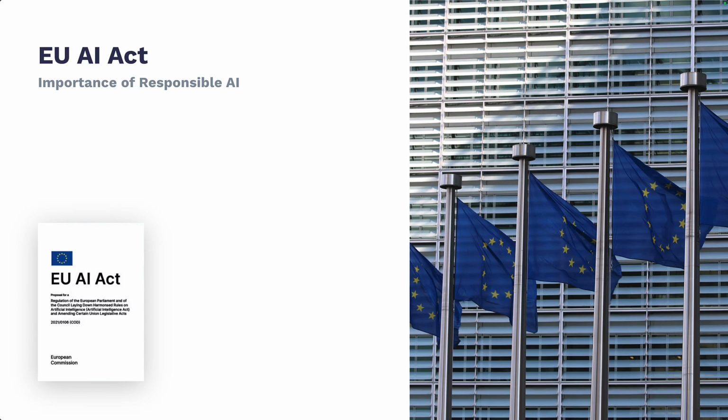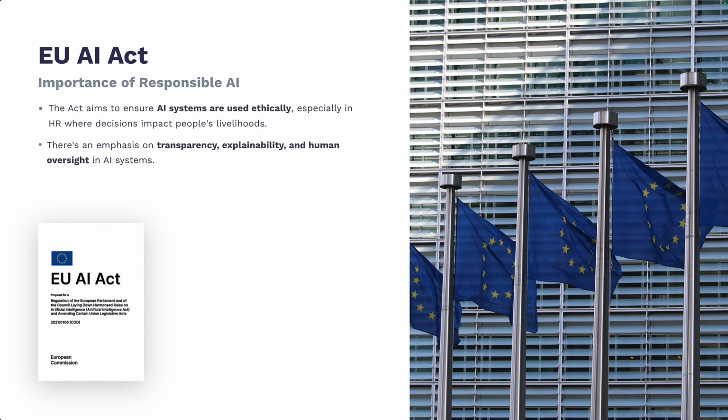Now, in the EU AI Act, the Act aims to ensure that AI systems are used ethically, especially in HR, where decisions impact people's livelihoods. There's an emphasis on transparency, explainability, and human oversight in AI systems. And there are prohibited practices, and this includes emotion recognition and biometric categorization in the workplace.